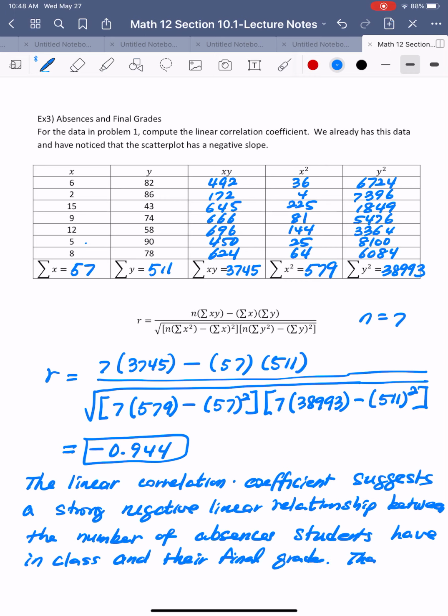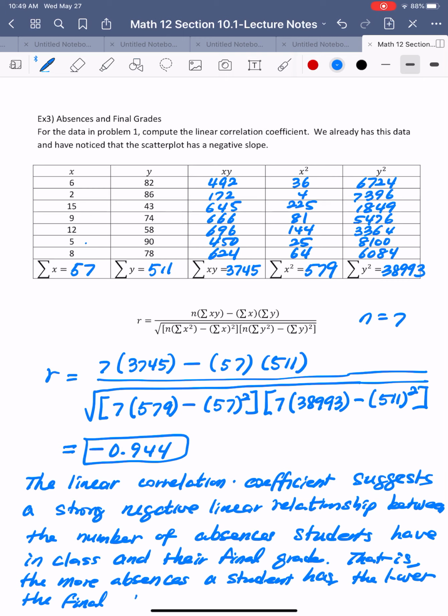So that is, the more absences a student has, the lower the final grade will be. Okay, all right, so that's number 3.